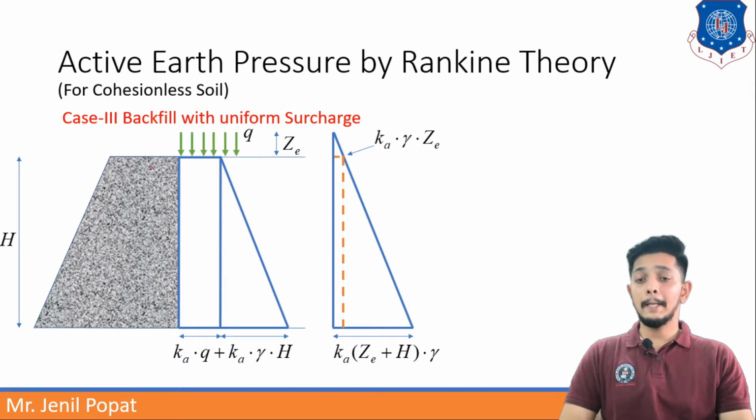In the first diagram, you can see green arrows showing Q, which is the uniform surcharge. In the case of uniform surcharge, there will be uniform pressure throughout the soil height. So the total pressure will be K into Q plus K into gamma into H. This rectangle is due to surcharge and this triangle is due to backfill.